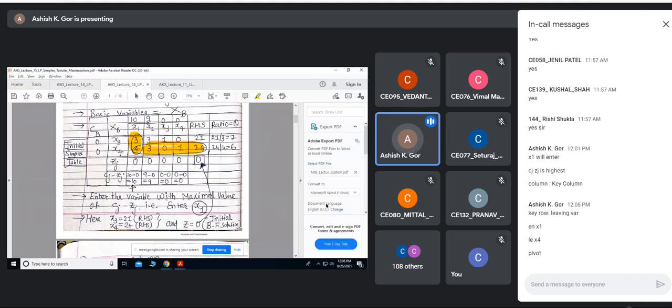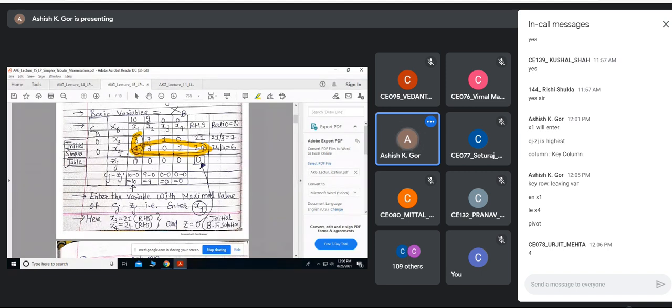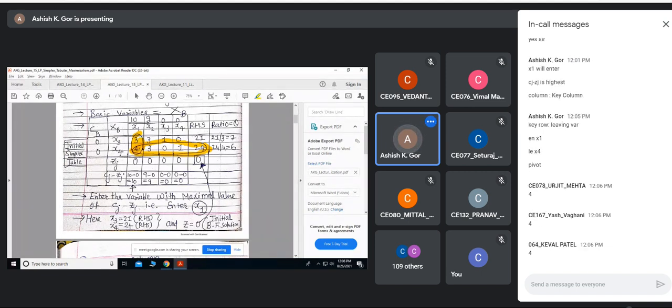Can anybody tell me what is at the intersection? The key row up to RHS is 4, 3, 0, 1, 24, and the key column is 3, 4. At the intersection of both, I have 4.